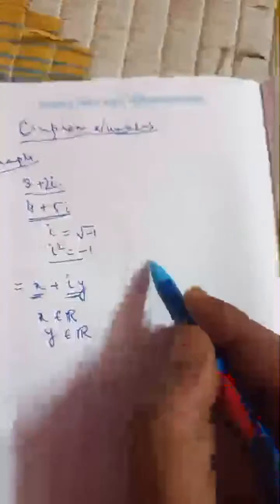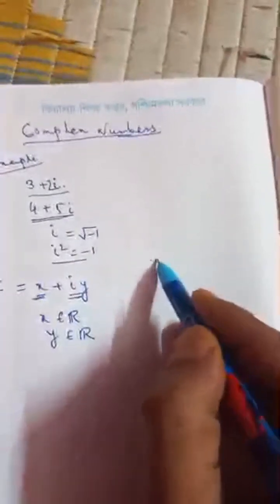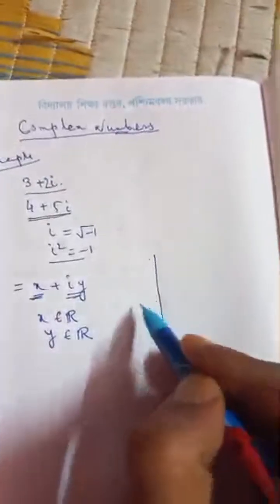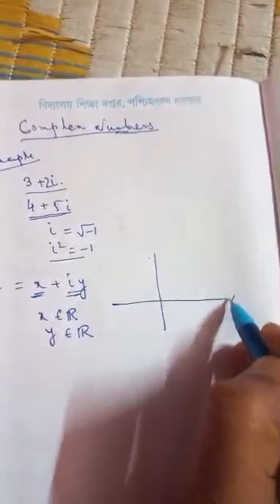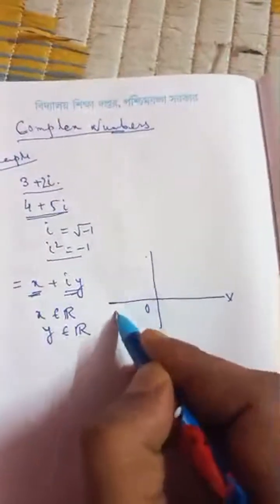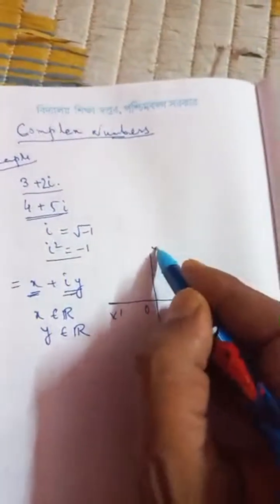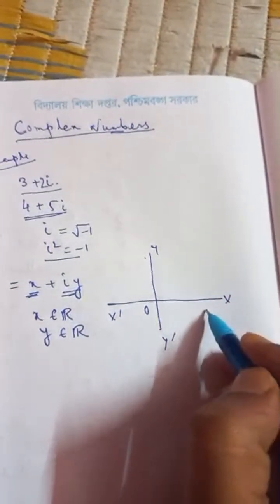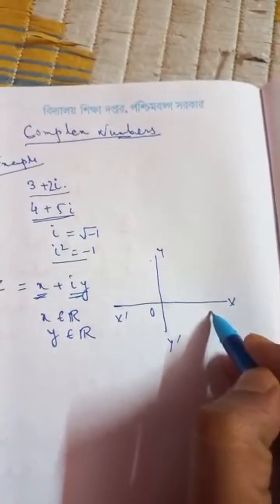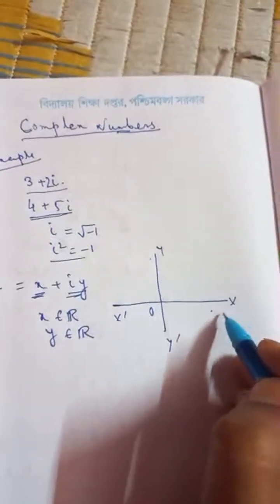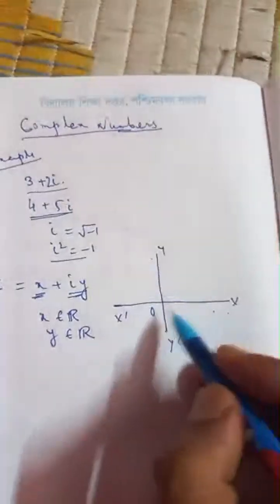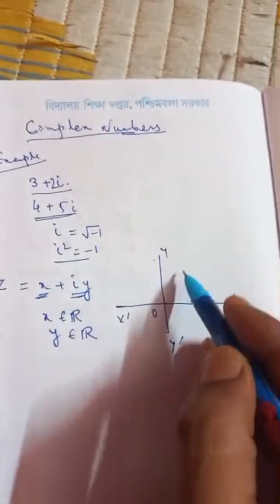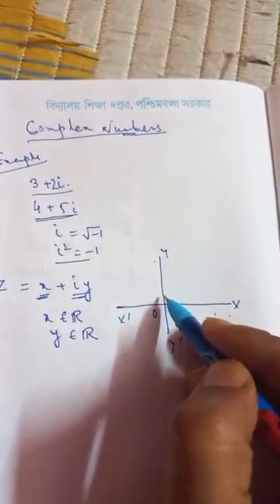In the Cartesian plane, here the Cartesian plane is called the complex plane. This is x'ox, this is y'oy. This is called the real line or real part of the complex plane, and this part is called the complex or imaginary part.